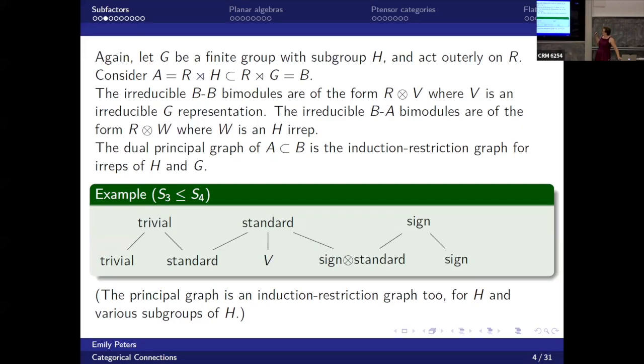Then all of our bimodules that show up in this standard invariant look like are tensored with an irreducible representation of H or of G. And if you look at the graph you get this way, then this is what you get. It's an induction restriction graph. And the principal graph is another induction restriction graph, but it's a little more subtle which two groups you take.